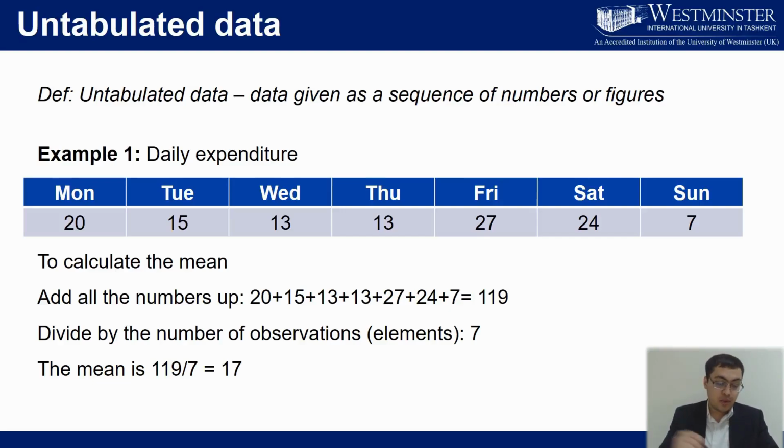To calculate the mean, we add all these numbers up, which in this instance is equal to 119, and then we divide by the number of observations, which is 7. So the mean in this case is 17 units of currency. You can see that 17 seems to be a more representative average daily expenditure than the numbers up top. It is not too close to 27, but also not too close to 7 at the same time. So it's somewhere in the middle.